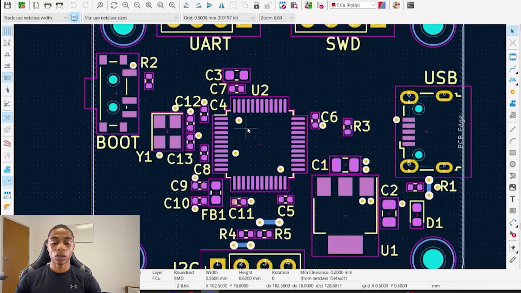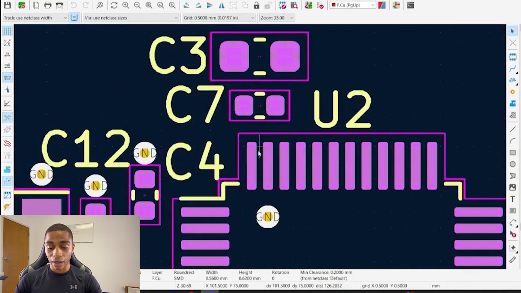So after we placed our microcontroller, we went ahead and we placed our decoupling capacitors, C7, C6, I want to say C5, C4, and we obviously placed those close to our microcontroller. We also did our best to line up power and ground.